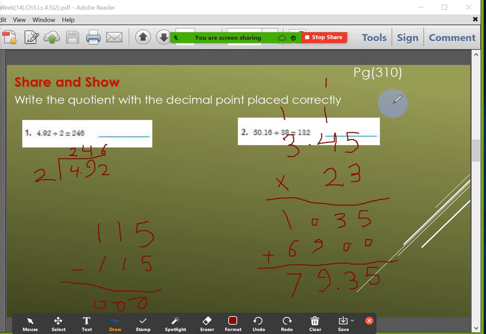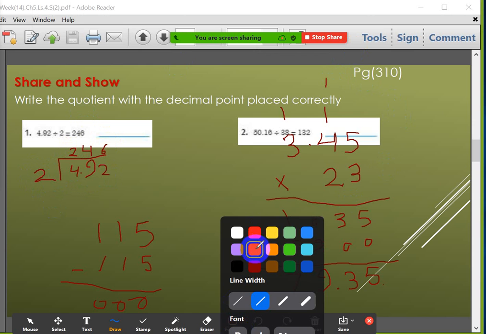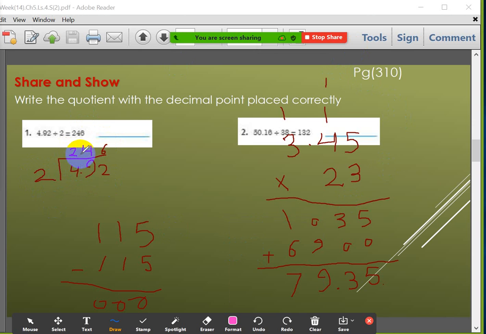You know that the decimal point will be in the quotient over the decimal point in the dividend, in the same place. That means if you take it here, it will be here between 2 and 4. That means the correct answer will be what? Will be 2.46.